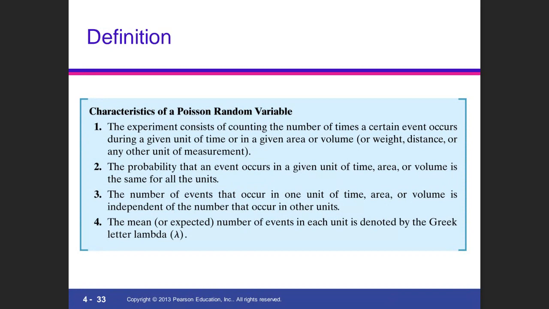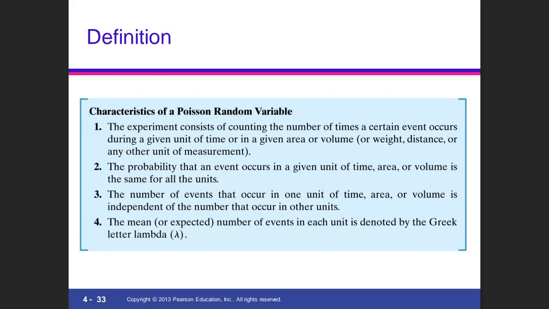So anything that deals with time, volume, area, dimension like a distance, weight, or any other kind of measurement, more likely it's going to be a Poisson distribution. It's a little bit different than binomial. It's discrete, but it's not really binomial.